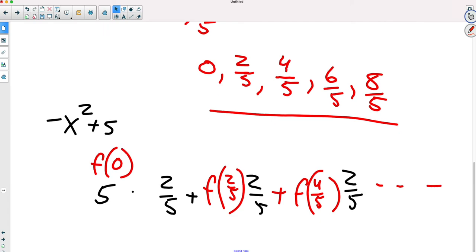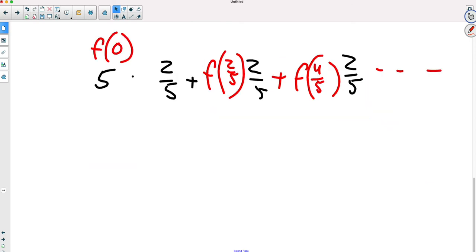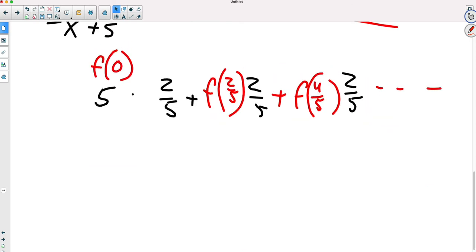So if we're going to use summation notation, we need to figure out how to get 0 to change to 2/5 to change to 4/5. So what's a series that gives us that? 0, then 2/5, then 4/5. What are they changing by? 2/5.